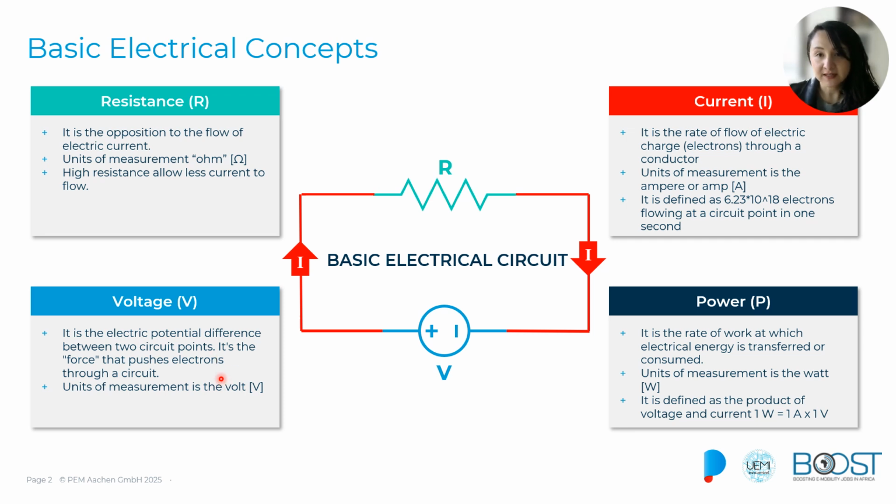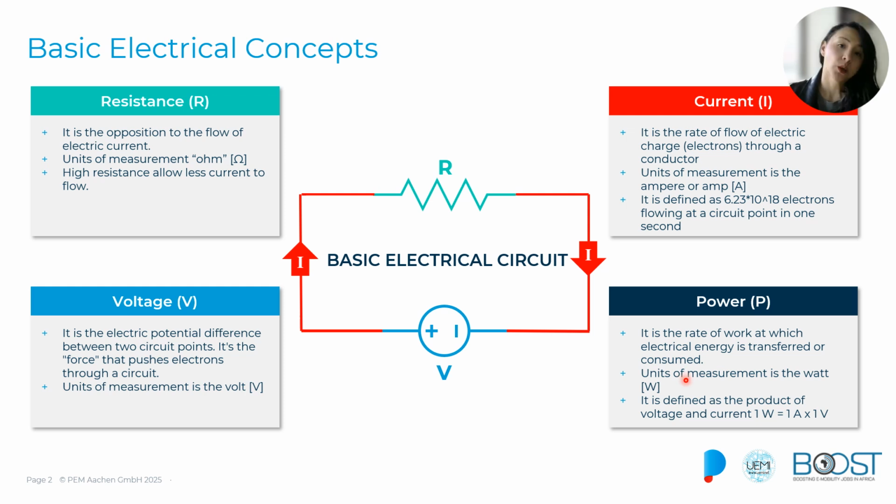For example, a typical electric vehicle has a battery that provides a voltage to the system that is between 400 and 800 volts. Without the voltage, nothing will move in the circuit. Having that differential pressure is essential for creating the movement of electrons in the circuit.